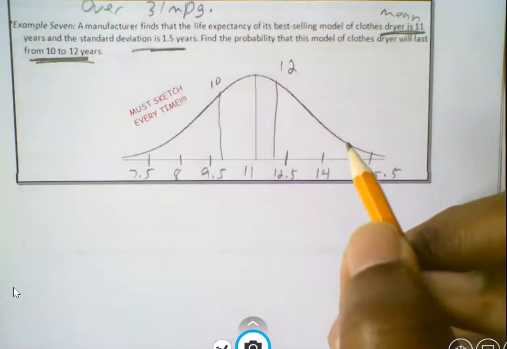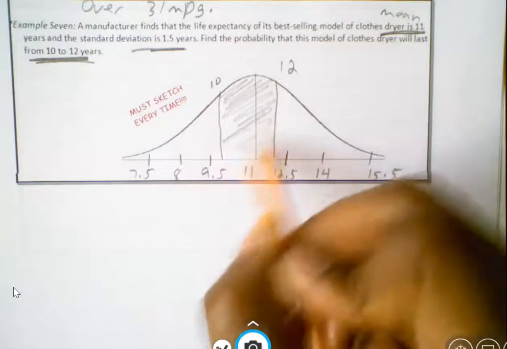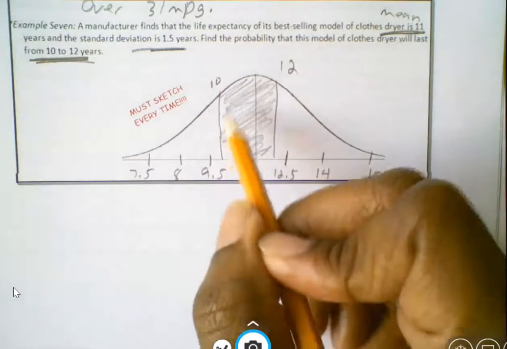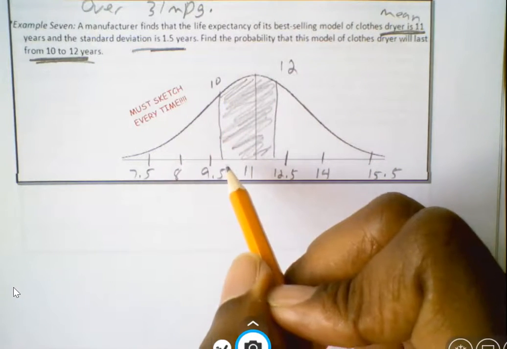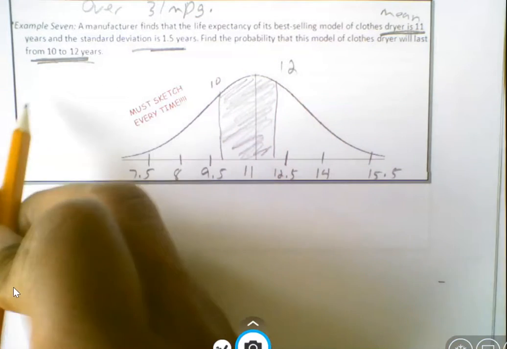So we want to know what the percentage is between these two numbers, how much data is between them. In this case, we need to use z-scores to figure out these probabilities. So I have to find 10 as a z-score and 12 as a z-score.